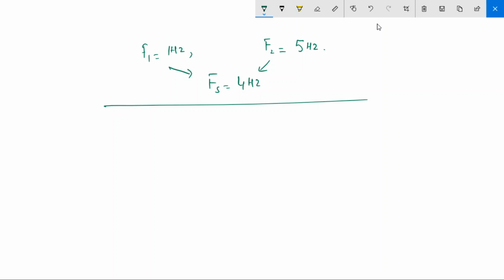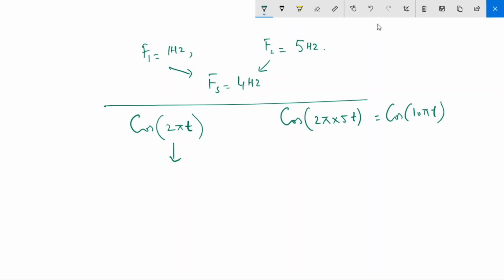1 hertz frequency means you can take a signal like cos of 2 pi f t, where f is 1, so cos of 2 pi t. This is a 1 hertz frequency signal. A 5 hertz frequency signal means cos of 2 pi into 5 t, so it is cos of 10 pi t. Sampling frequency is 4 hertz. So if I sample both signals at 4 hertz, what is the discrete signal after sampling?